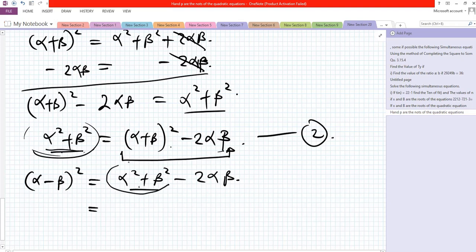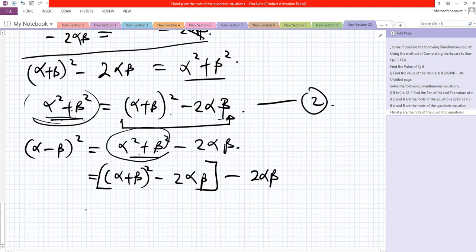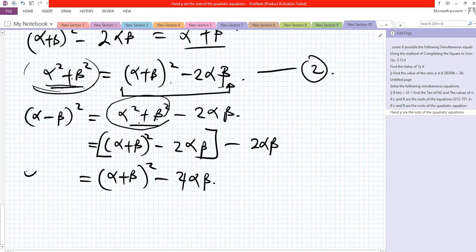So we're going to change the whole of this, which will now be alpha plus beta all squared minus 2 alpha beta, and then minus 2 alpha beta. So the whole of this is this. So this is the same thing as saying alpha plus beta all squared minus 4 alpha beta. So that means this minus alpha minus beta square is the same thing as this.